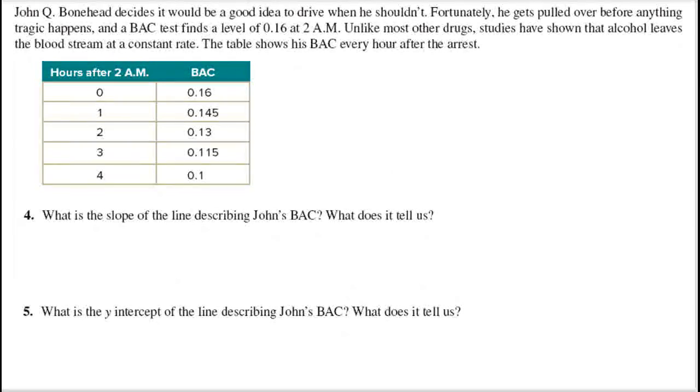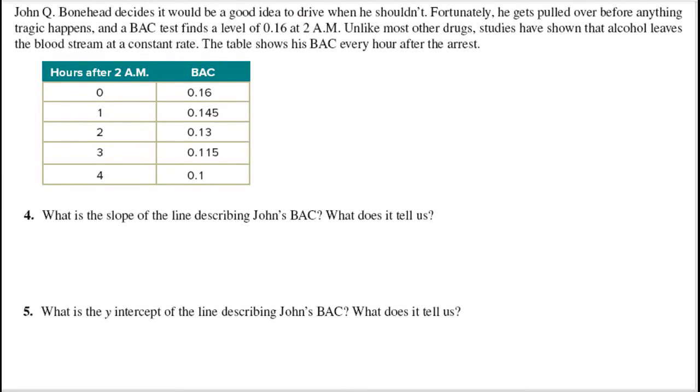Okay. So question 4, first of all, we have our story. John Q. Bonehead decides it would be a good idea to drive when he shouldn't. Fortunately, he gets pulled over before anything tragic happens, and a blood alcohol content test finds a level of 0.16 at 2 a.m. Unlike most drugs, studies have shown that alcohol leaves the bloodstream at a constant rate.